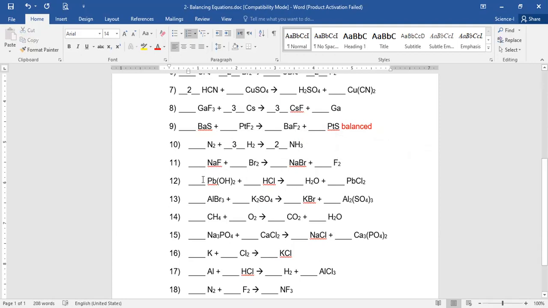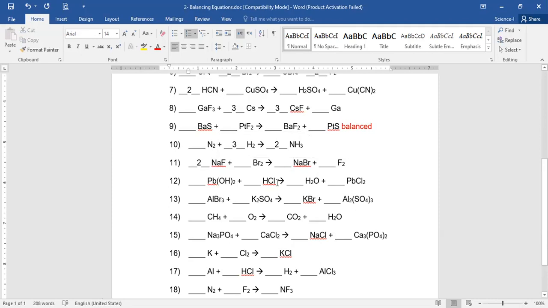We are going to write a coefficient 2 here. Good. So after writing this 2, now how many sodium do we have? Farah. No, we just multiply within here. How many sodium do we have? 2. And here, we have just 1. So what should we do?